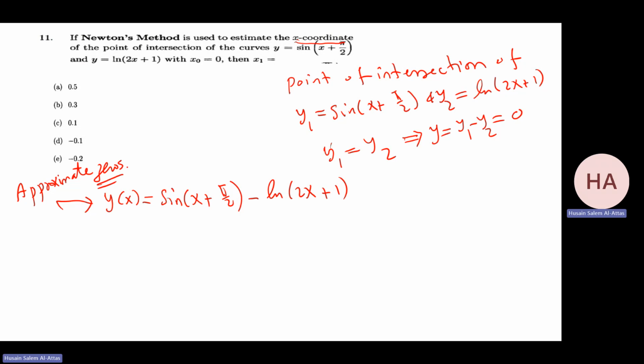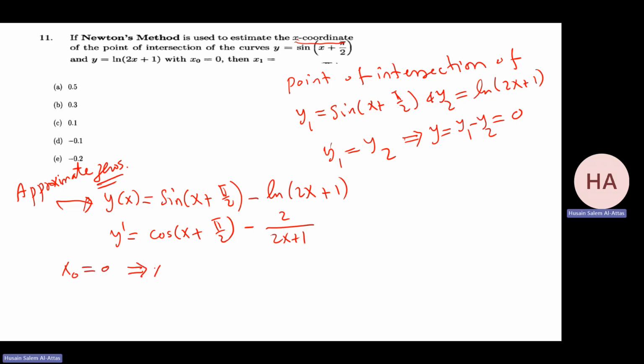So what I will do, I will apply Newton's method to this function. So y prime will be what? Cosine x plus y over 2 minus 2 over 2x plus 1. My starting point x0 equals 0.